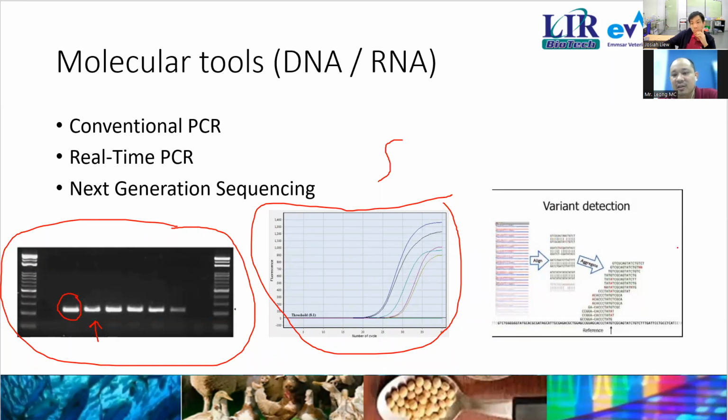When the sequences come up, we need to do bioinformatics on them to align everything together. This has a wider application, including variant detection, and we are also using it in other applications such as genetic breeding and so on.